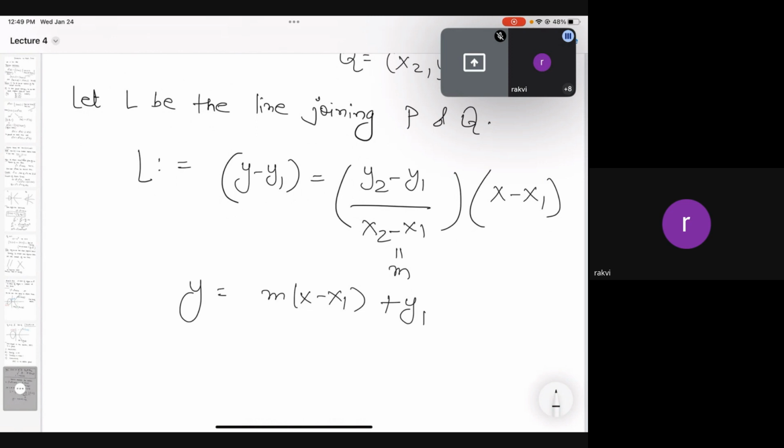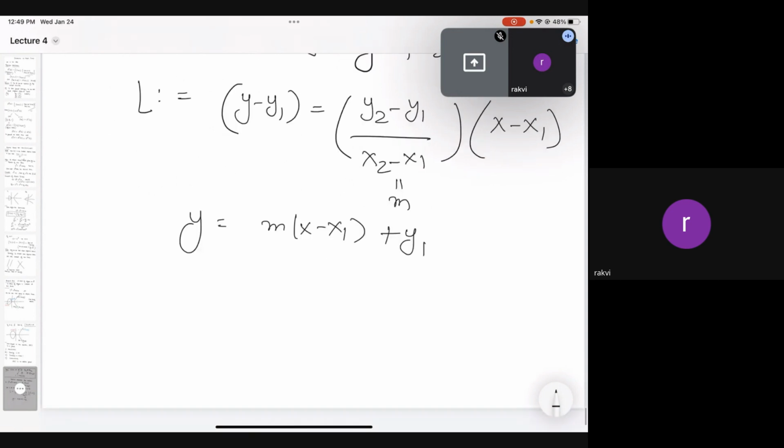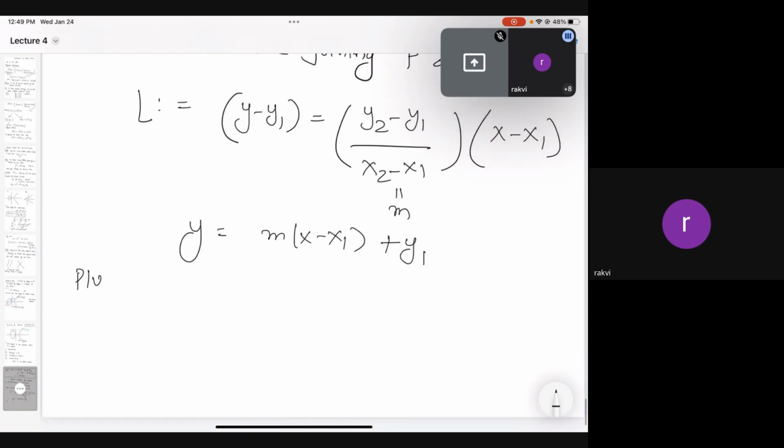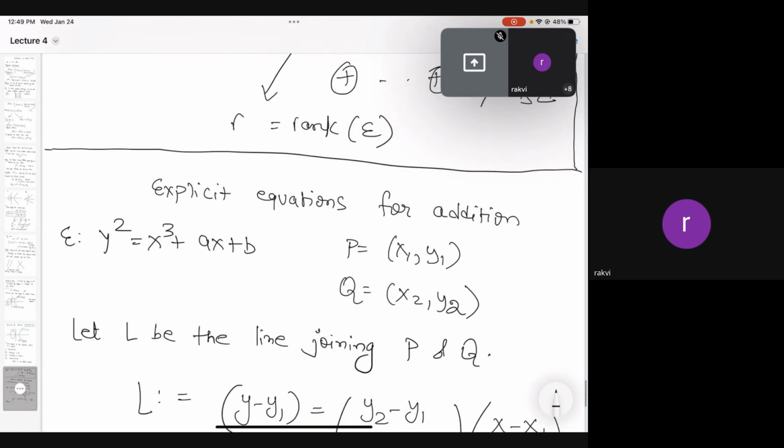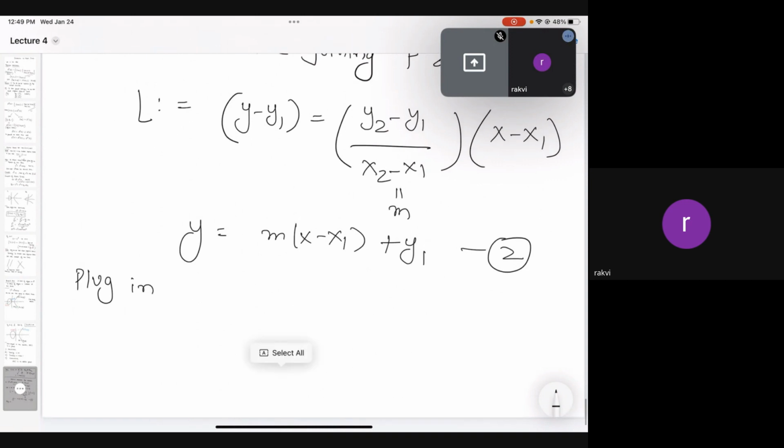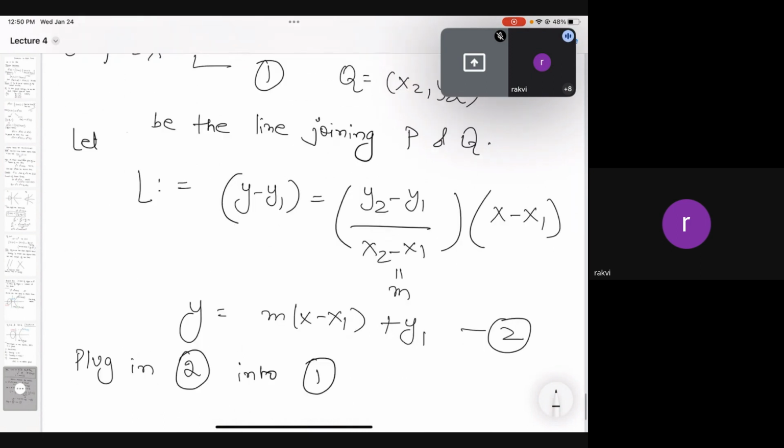Now I want to intersect this line with my curve, and I want to find that point of intersection. So what will I do? I'll plug in. Let me call this equation number 2. My elliptic curve is equation number 1, right? So plug in 2 into 1. So plug in the value of y into 1, right? So what do I get?